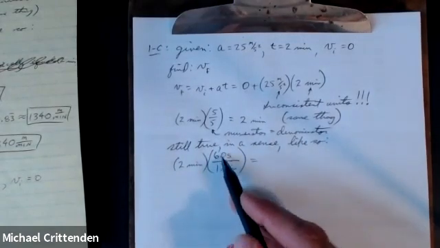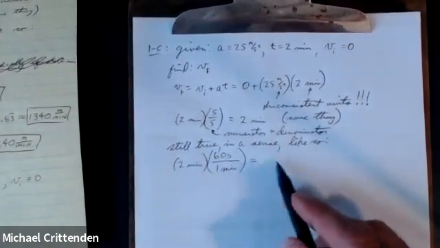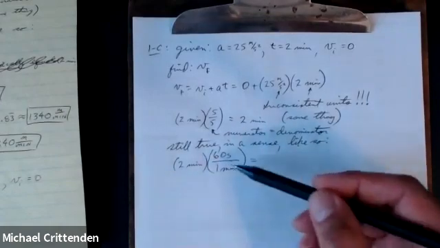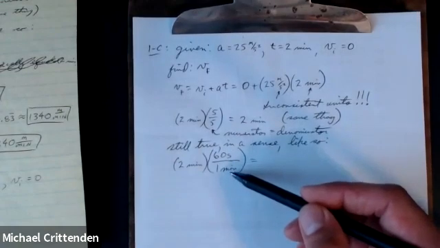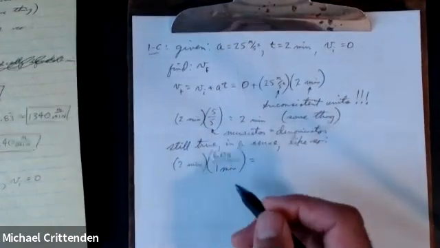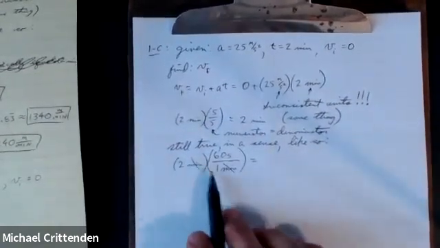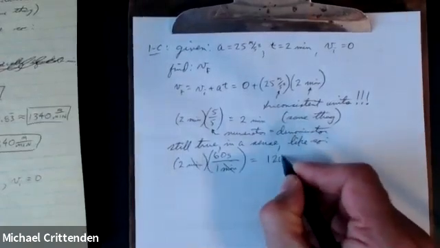Of course, they're not numerically equal, so I'm not going to have the same number when I'm done, but they are physically equal. This and this mean the same amount of time. You set up this fraction so that the unwanted unit cancels out. Minutes divided by minutes goes away, leaving you with seconds, 120 of them.